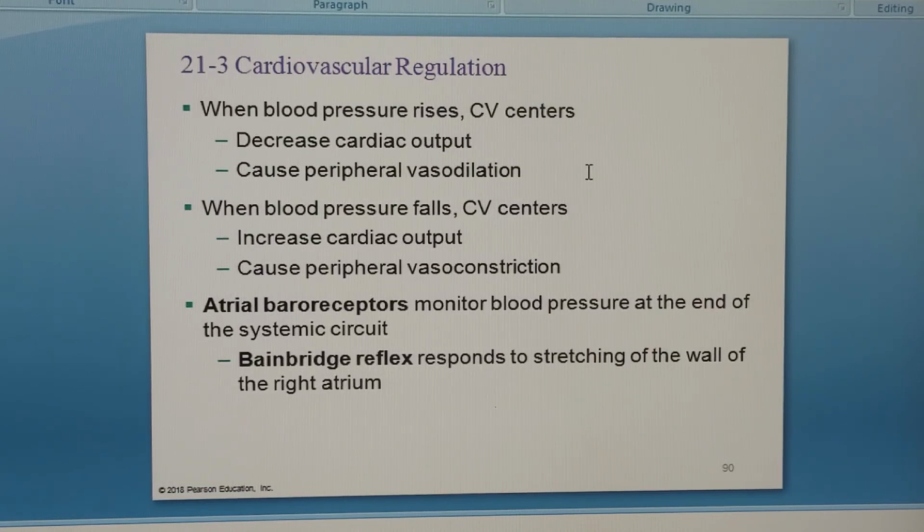Keep in mind that there's more volume of blood in the venous supply than in the arterial supply. Okay, the arterial baroreceptors monitor blood pressure at the end of the systemic circuit. The Bainbridge reflex responds to stretching of the wall in the right atrium.